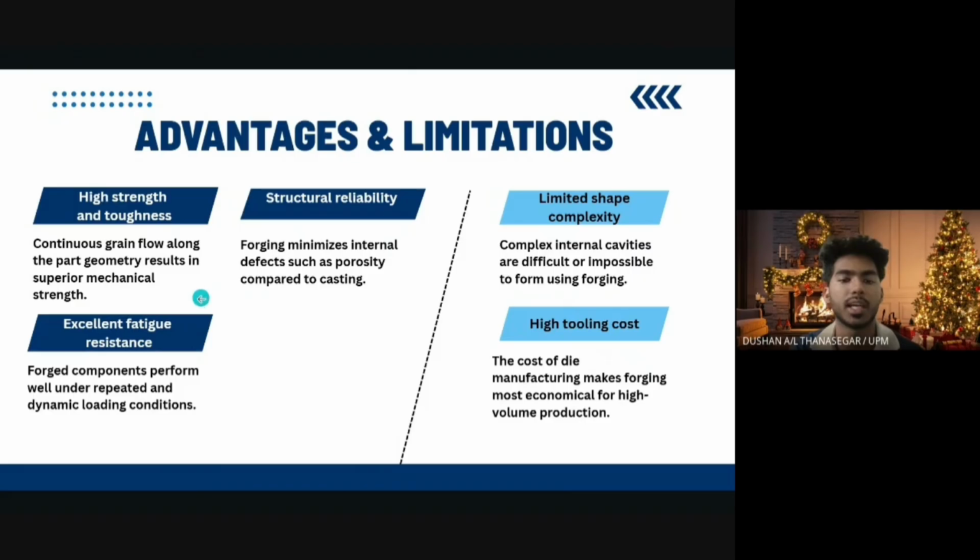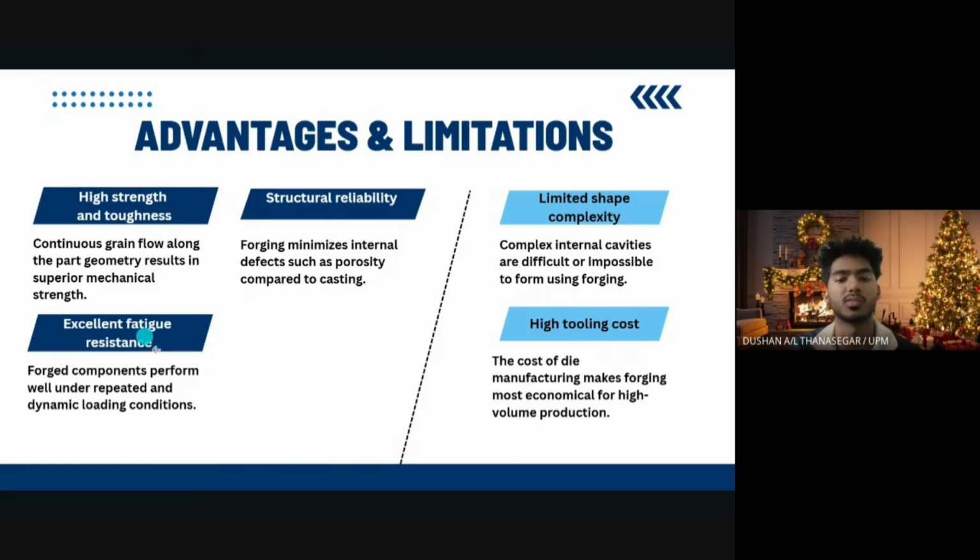Secondly, forging offers excellent fatigue resistance, making forged components suitable for repeated and dynamic loading conditions. It also improves structural reliability by minimizing internal defects such as porosity, which are commonly found in cast components, as we have studied before. Forging solves this issue by not having any porous materials.